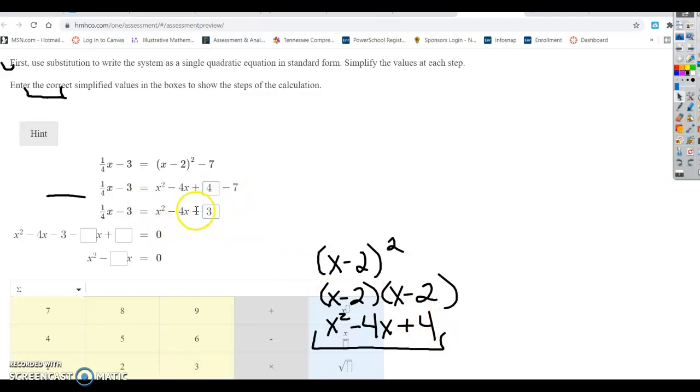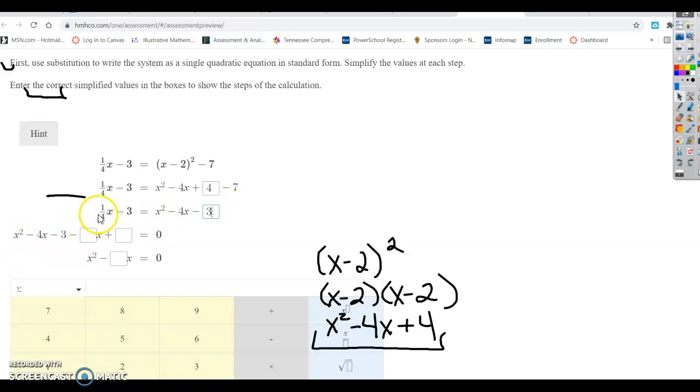And then they're going to set it equal to 0. In order to solve, they have to set it equal to 0, so they're moving everything to one side of the equation. Because x squared minus 4x minus 3 is all the same signs, they basically moved all of this over and then just flipped the equation around. I don't know why they did it that way, but it's fine.